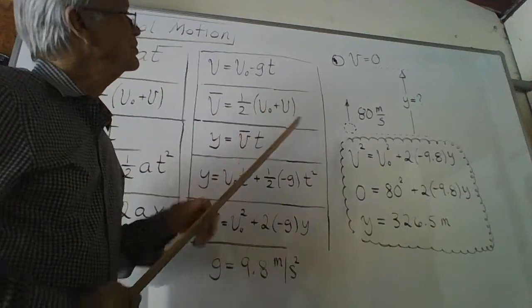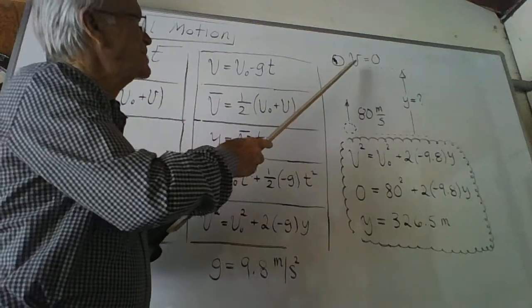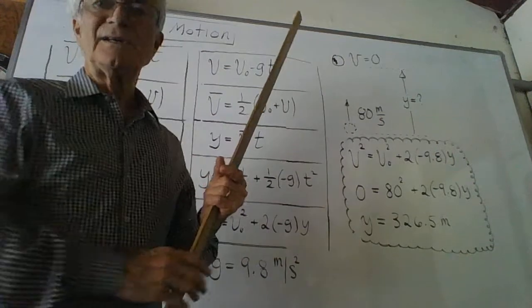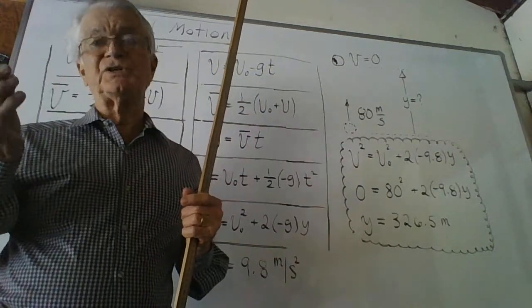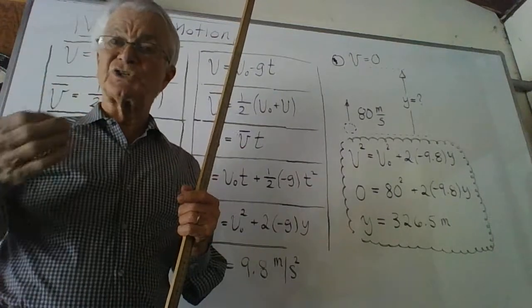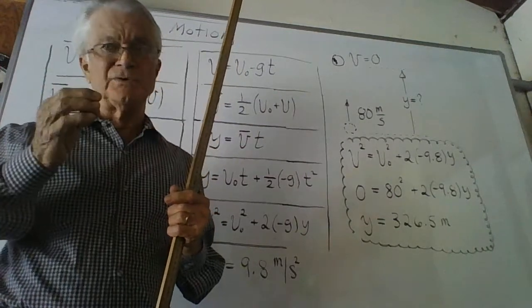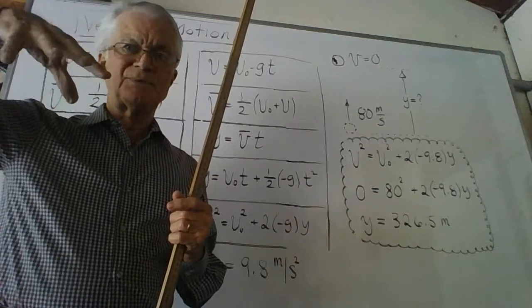And so the object will eventually lose all of its vertical velocity, and for an instant it will be at rest, but just for an instant, then we'll start falling back down, just as if it were at that altitude, unknown, and dropped.